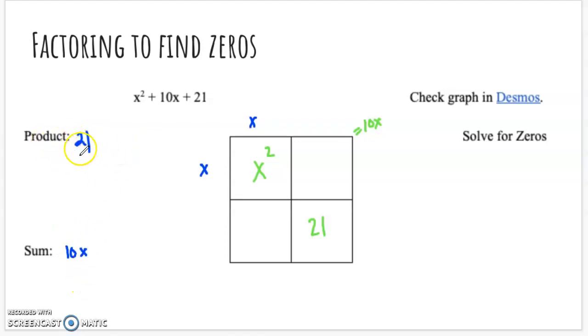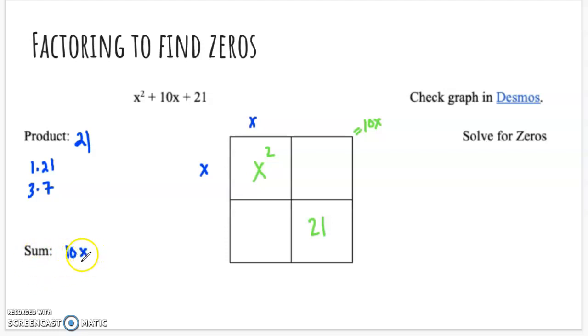My numbers that multiply to make 21, I've got 1 and 21. 21's not even, so it doesn't divide by 2. I've got 3 and 7, and I think that's really it. So those are really all of my factor pairs of 21.